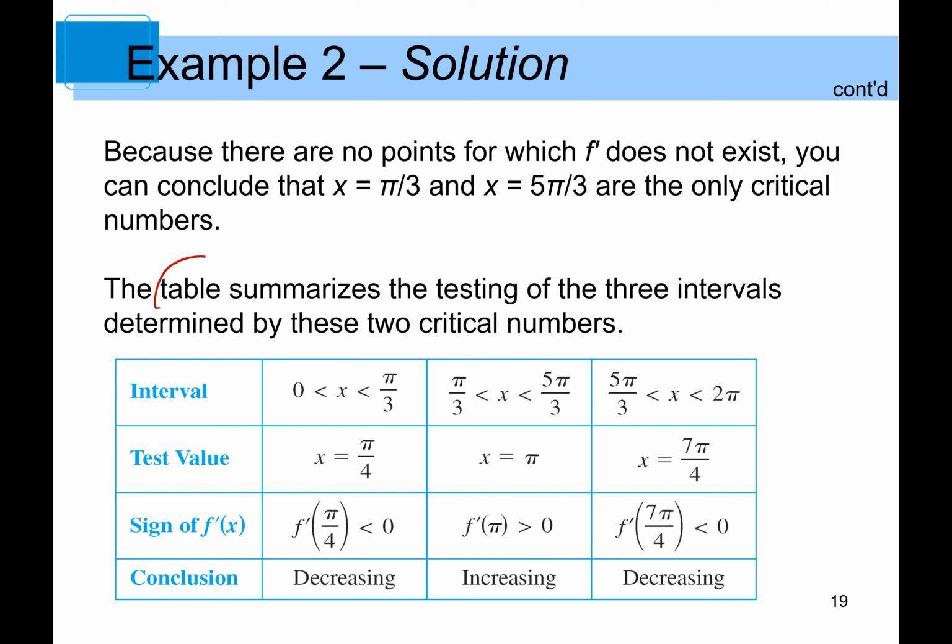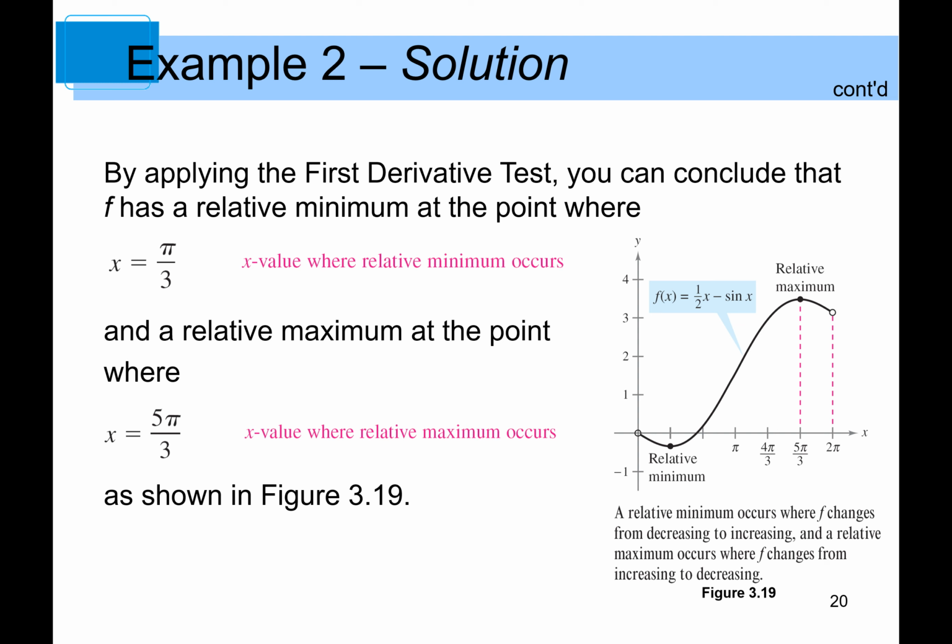So as you can see, the table below gives us a very good idea of the increasing interval and decreasing interval. Utilizing that, we apply the first derivative test. So at pi over 3, we go from decreasing to increasing.